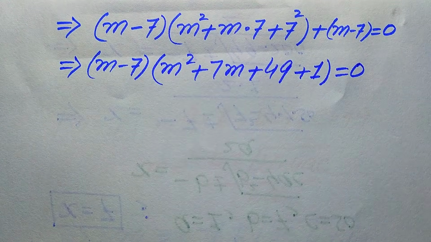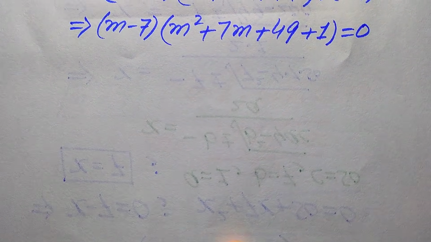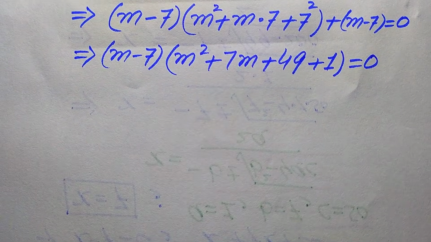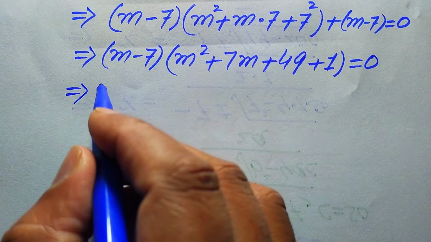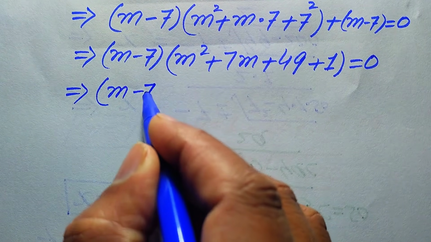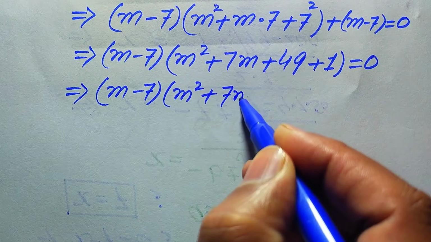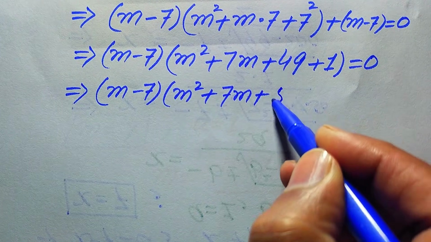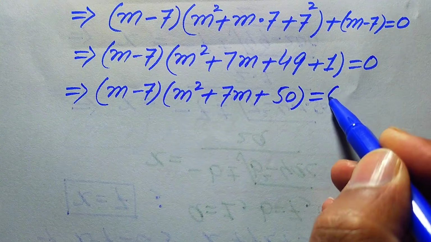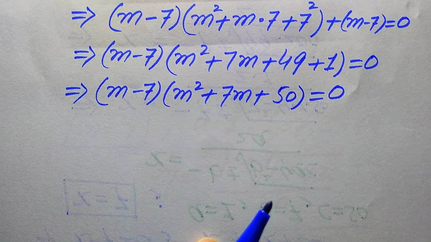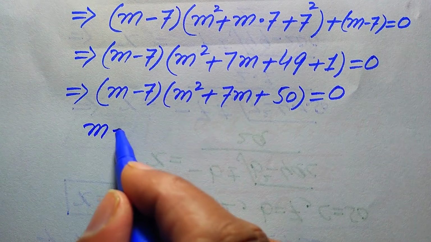This whole equation equals 0. Simplifying further, it is written as m minus 7 times m square plus 7m plus 49 plus 1, which becomes 50, and this whole equation equals 0.